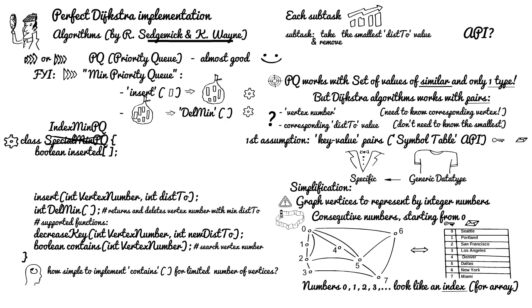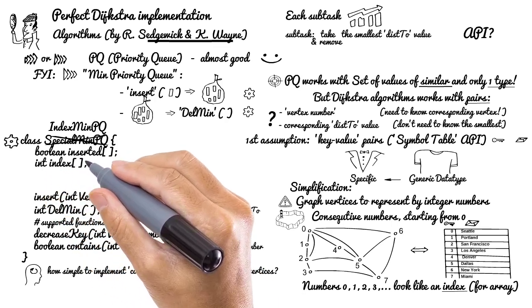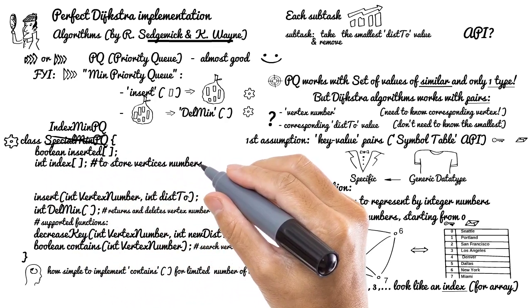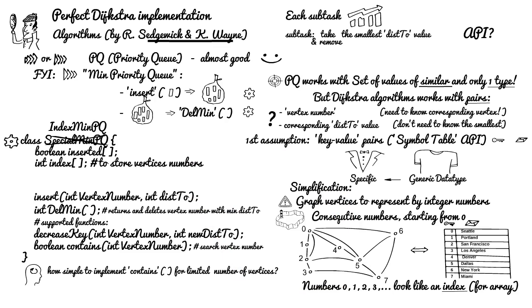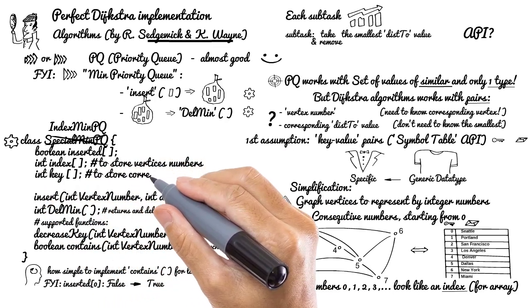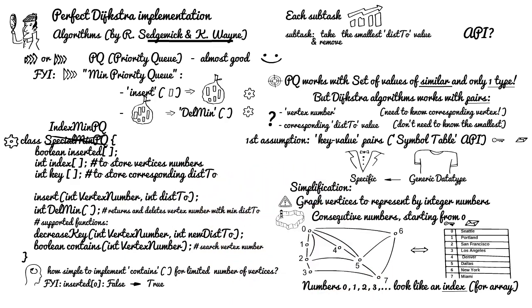It returns true, which means the vertex was added to PQ, if this extra array's value at the vertex number position is equal to true. For example, on the first step of Dijkstra algorithm, we insert in our IndexMinPQ information about starting vertex S with index 0. And internally the corresponding value of the inserted array should be overwritten along with saving the distance to value into a separate binary heap structure, natural for PQ API.